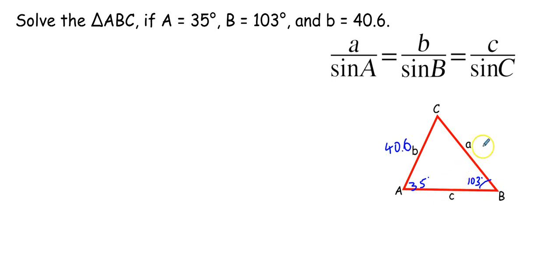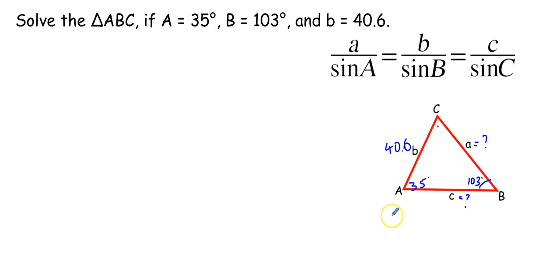So we have that. Now we are looking for a is equal to how much? What is the measure of c? And this angle C also you are looking for. Of course, I don't need the law of sines to find the measure of angle C. I don't need it.